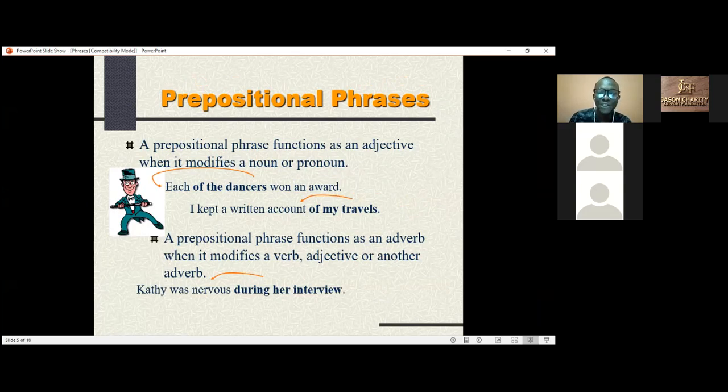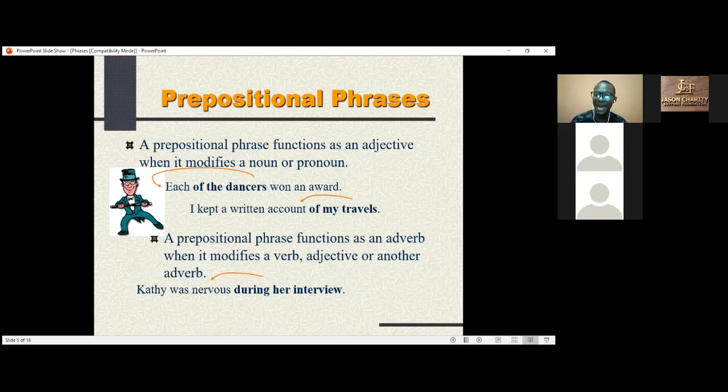So if they should ask you what is the grammatical name, you could say prepositional phrase, or you say it is an adverbial phrase. It's functioning as an adverb. Then if they ask you for the function, you say it modifies the adjective "nervous." Is that okay? Yes. Okay.